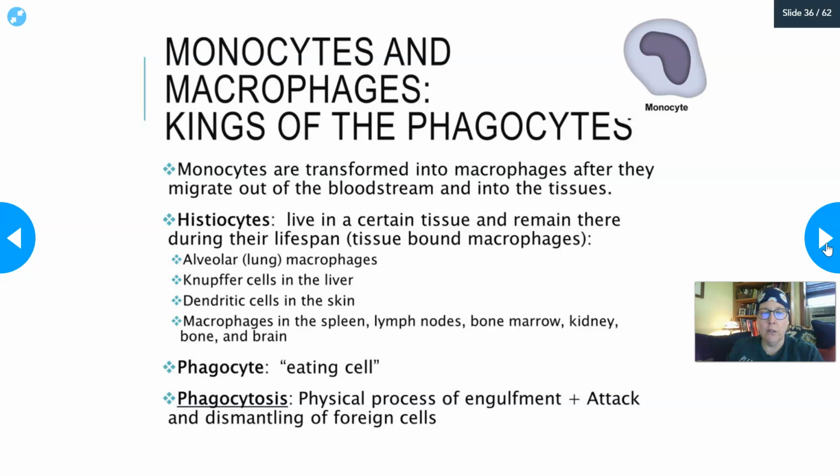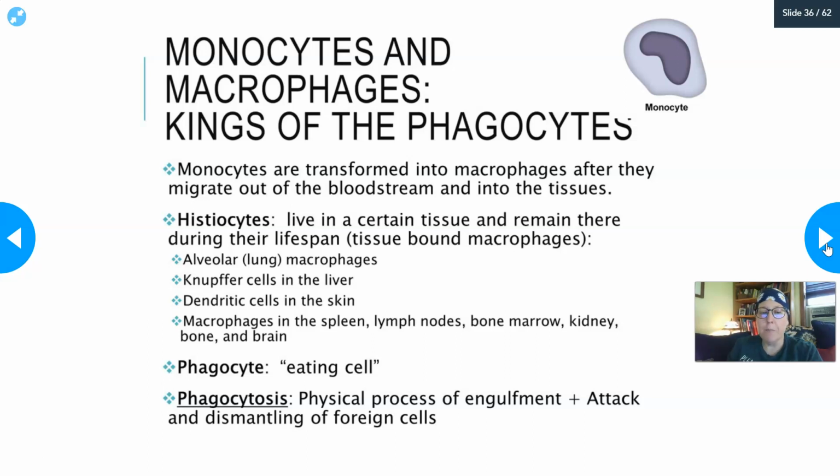In the lung, they're alveolar macrophages. In the liver, they are called Kupffer cells. In the skin, they're called dendritic cells. And the macrophages in the spleen, lymph nodes, bone marrow, kidney, bones, and brain are also histiocytes.